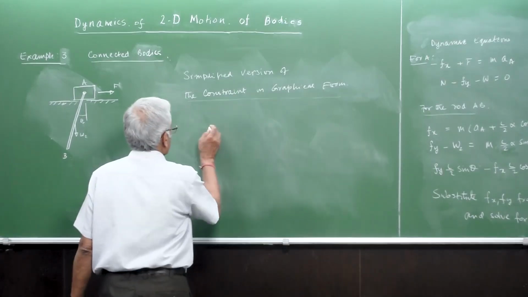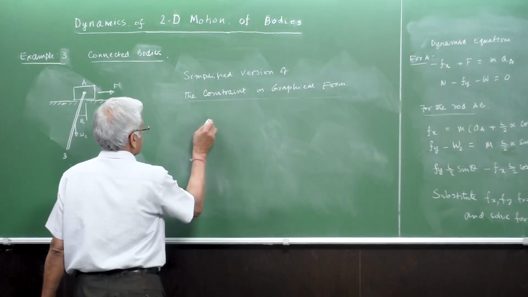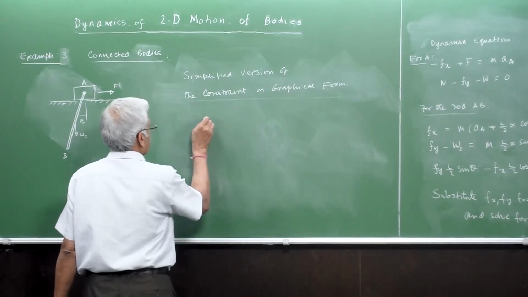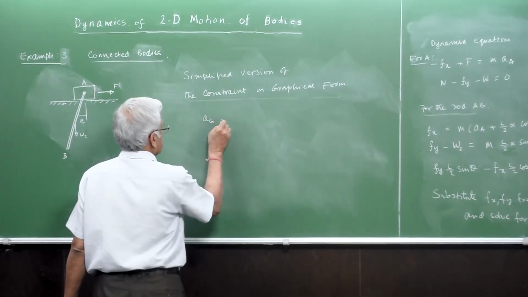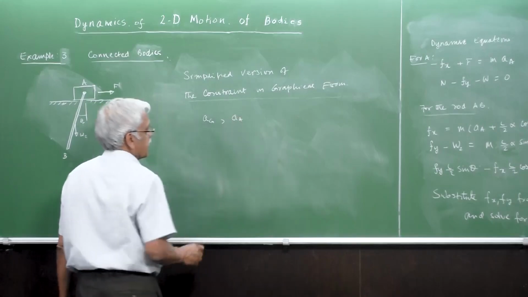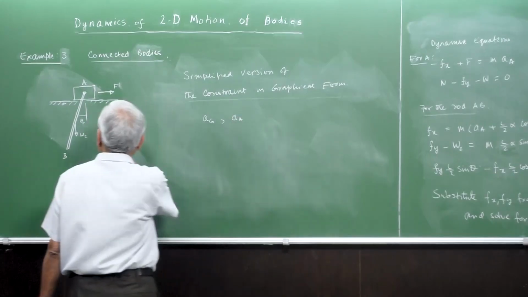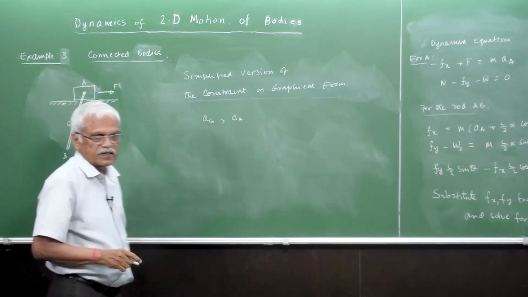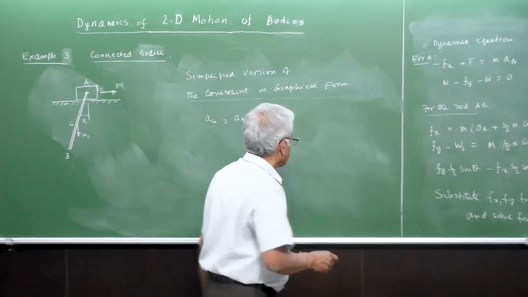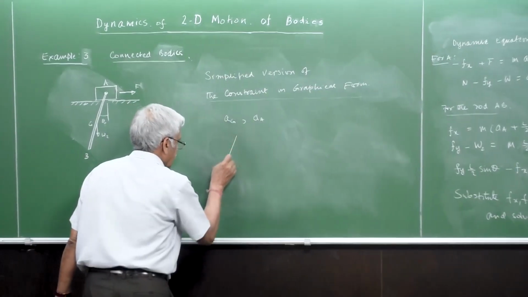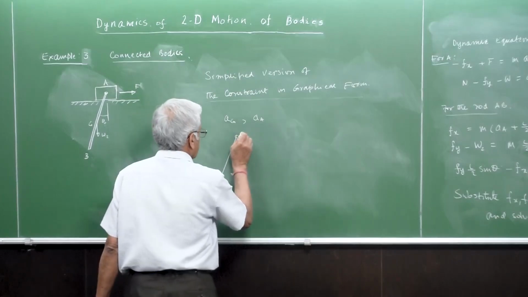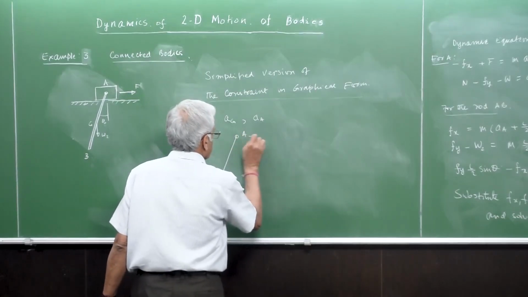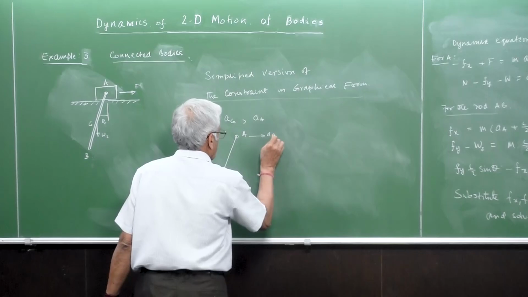For example, we want to get a_G related to a_A, as in, we want to find the acceleration of point G. If you look at point G, we have the acceleration of A like this.